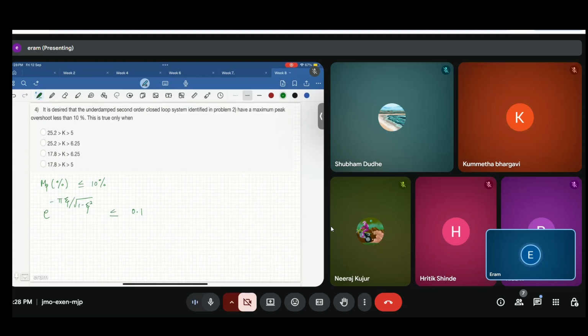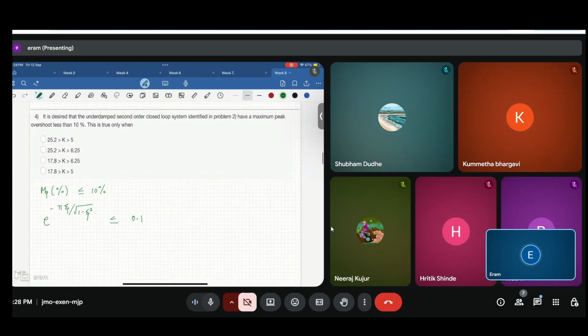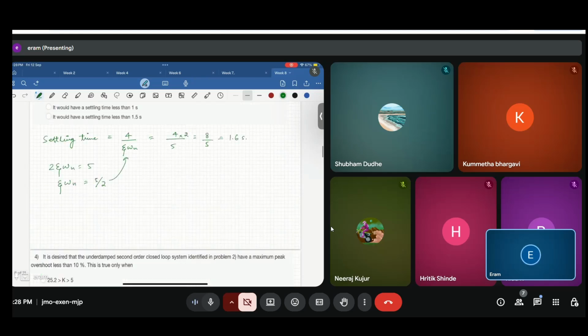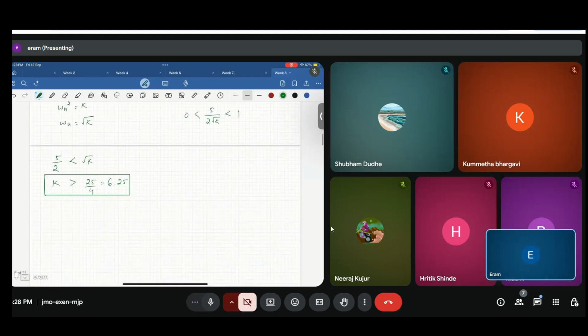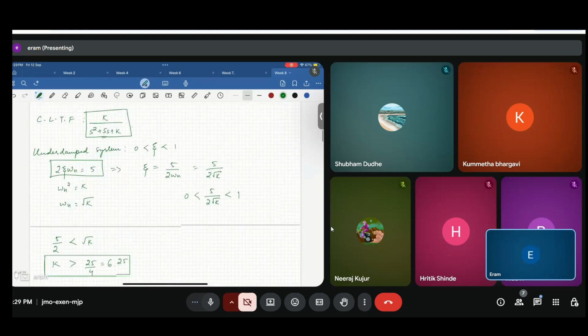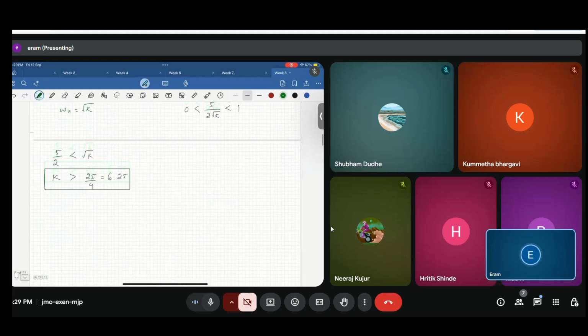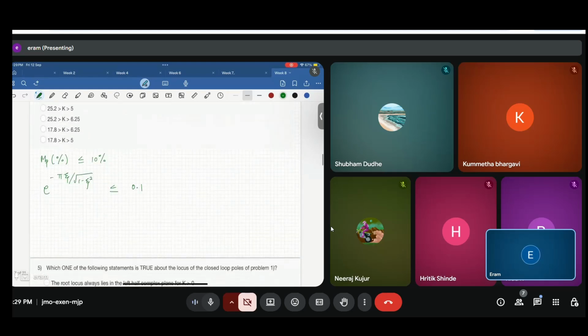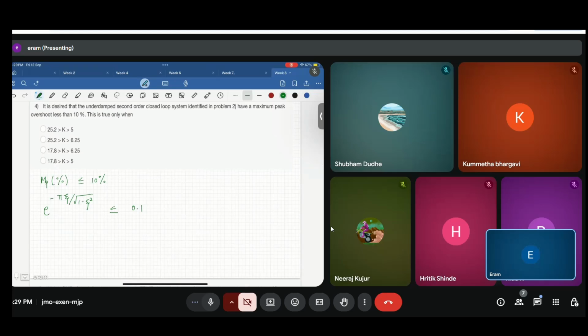First solve for zeta, then put the value of zeta that we have already calculated, which is 5 by 2 under root k. Then you will get the expression for k. If you take ln on both sides, you will get pi zeta by under root 1 minus zeta square less than or equal to ln 0.1.